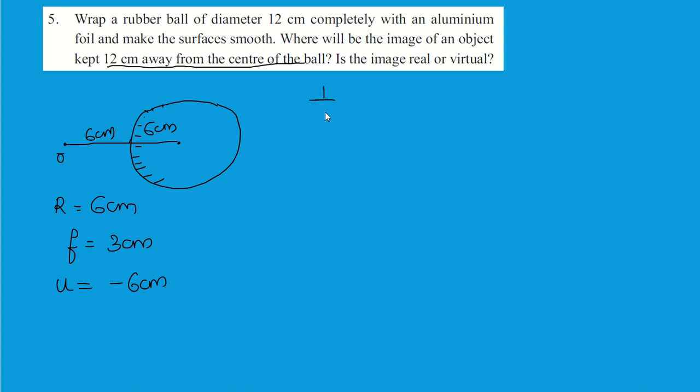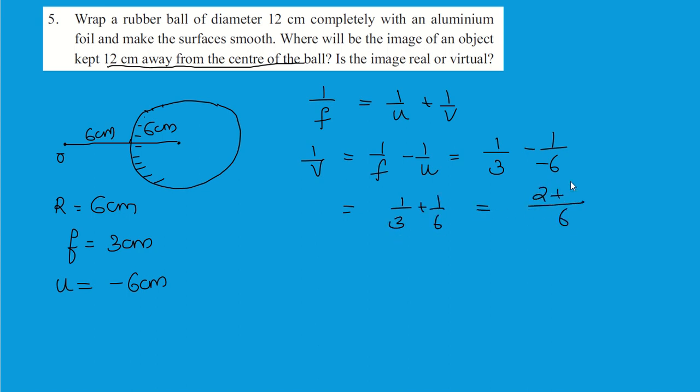We have the mirror formula, 1 by f is equal to 1 by u plus 1 by v. We are supposed to find out image distance. 1 by v is equal to 1 by f minus 1 by u. So 1 by 3 minus 1 by u, u is minus 6. So 1 by v is equal to 1 by 3 plus 1 by 6. 6, and 2 plus 1.